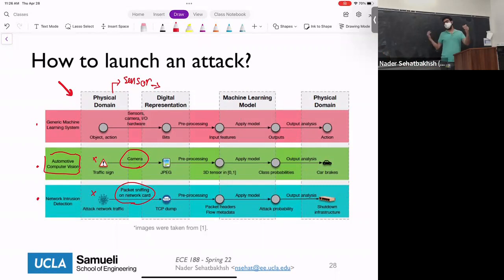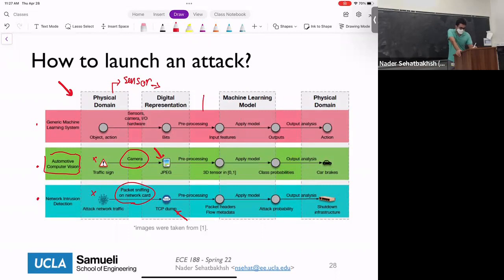We have a network card, so we can look at all the packets that are being sent and received, right? Now we are in the digital representation part, which we usually call bits or information. For the camera, we store this in JPEG format, as numbers between 0 and 255 in RGB, red, green, and blue. And for the intrusion detection, it is a bunch of TCP dumps, basically a list of network packets.